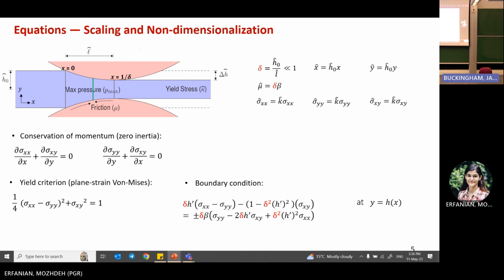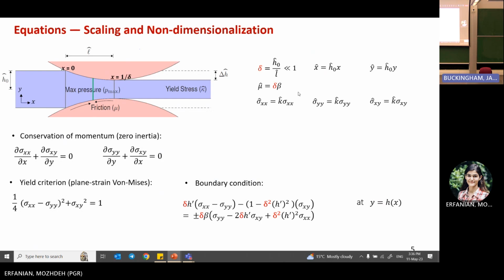So the first step to get the analytical solution is non-dimensionalizing the parameters. We scale all the lengths with the initial half thickness h0, and therefore, for example, x is equal to 0 at the entrance, and x is equal to L hat over h0 hat at the exit.